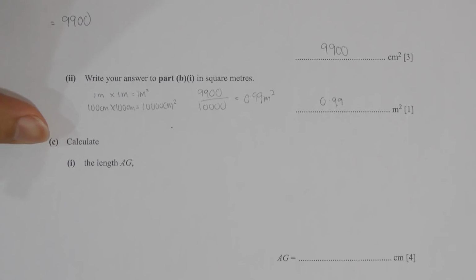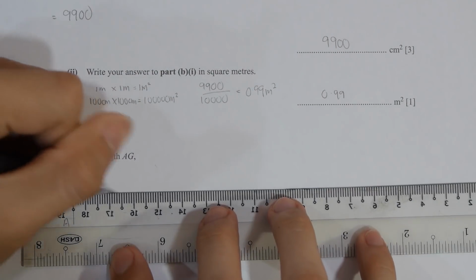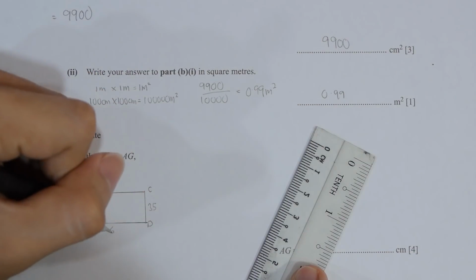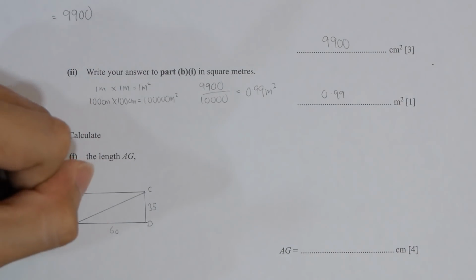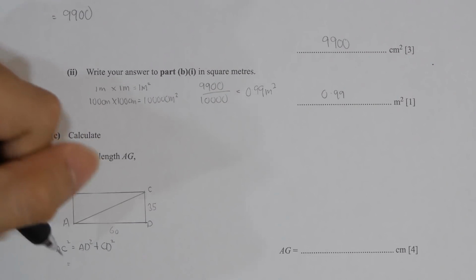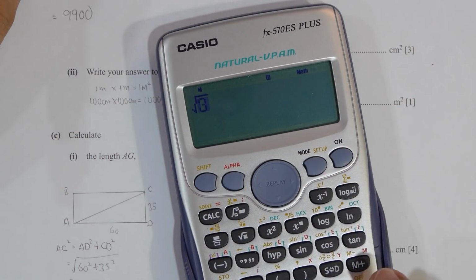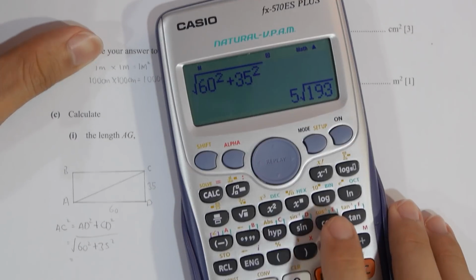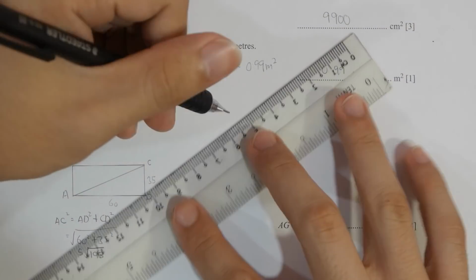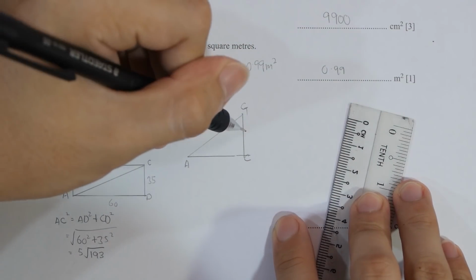As for finding AG, first things first, you're required to find AC's length. So you use Pythagoras' theorem. Then you get 5 square root 193. Then with the same thing, you run another Pythagoras calculation to find the value of AG as 75.66.